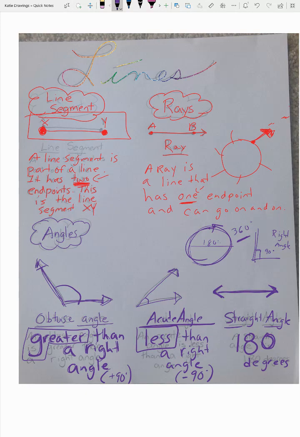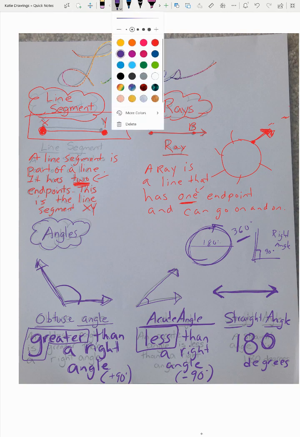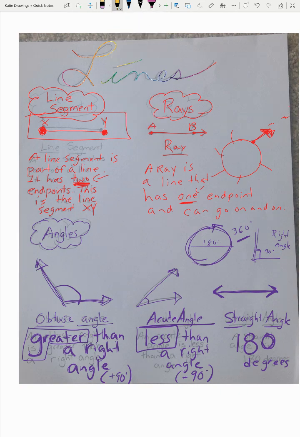All right. So today when you're doing your homework, make sure you have this anchor chart. Let's do gold. Let's do really big. So when you're doing your homework, make sure. Line segment has two endpoints, has the beginning and has the end.